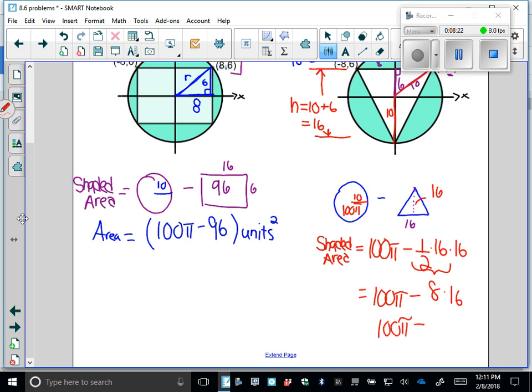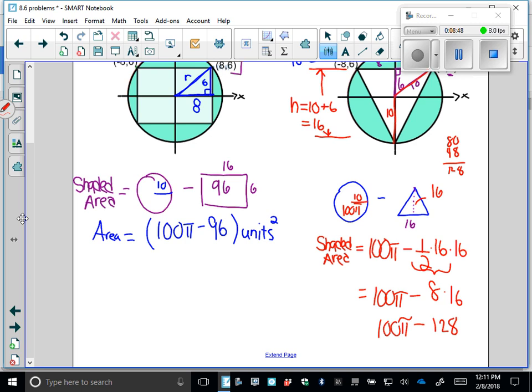If you think of 8 times 16, it's just 80 and 48, because 8 times 10 is 80, and 8 times 6 is 48, so 128.